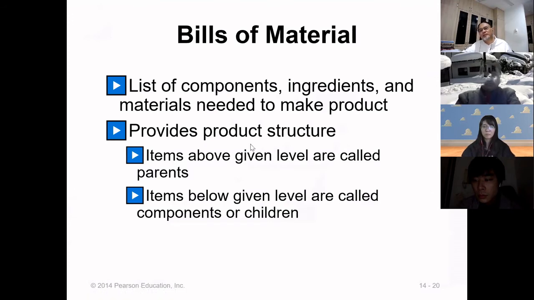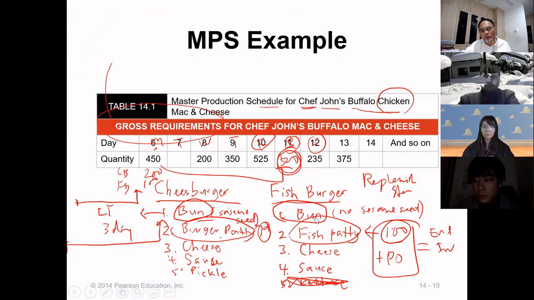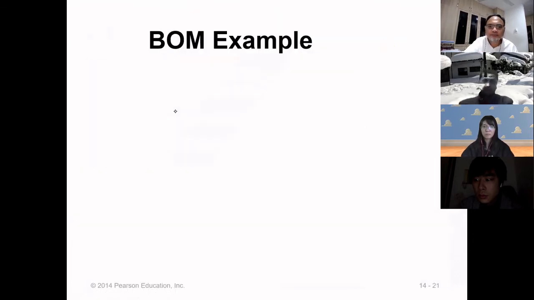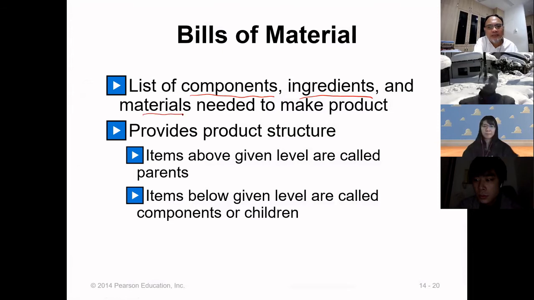So that brings me to this very nice example of BOM. Actually, this is an example of bill of material, which is the next item that I'm going to describe to you. For all products, all items that you're going to produce, you can make a list of components, ingredients, and materials needed to make the product.